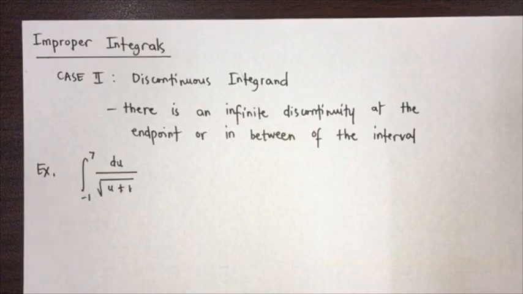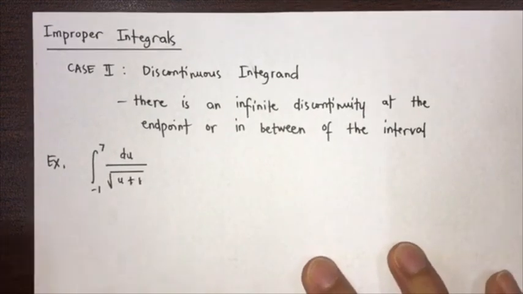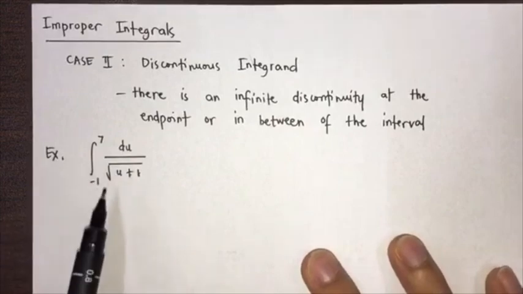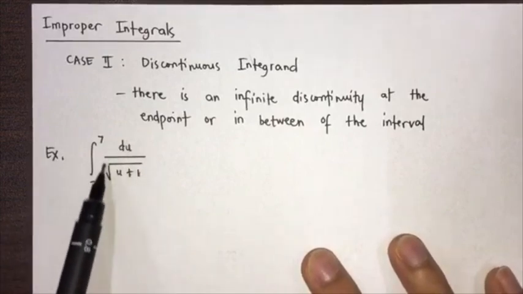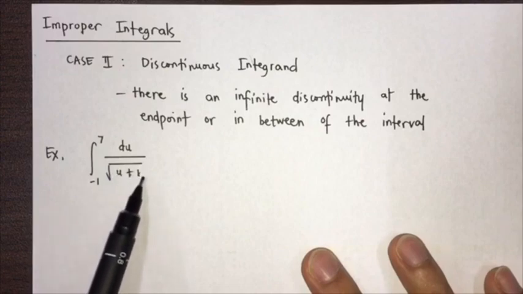Say for example, we have the integral of du over square root of u plus 1 from negative 1 to 7. In this case, we have our integrand as du over the square root of u plus 1.